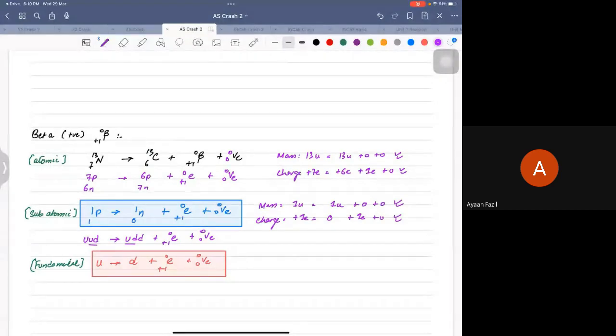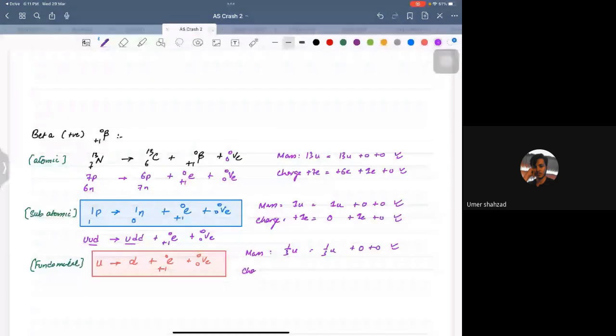For the next one, mass. Who's going to tell me the mass of a quark? Mass of a quark is? 1 by 3. 1 by 3 U equals 1 by 3 U plus 0 plus 0. So that's correct.